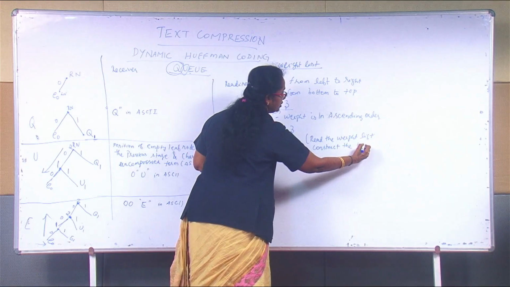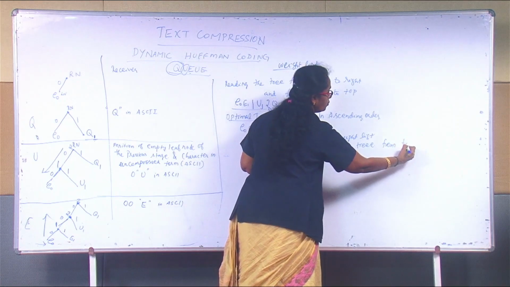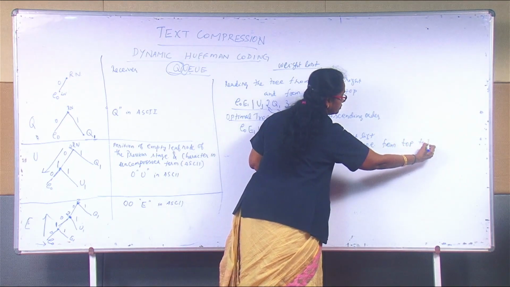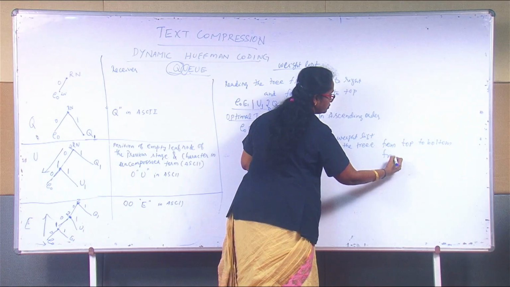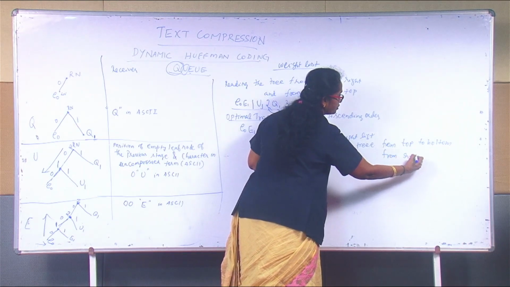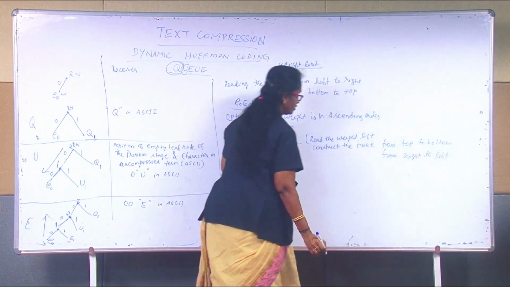Construct the tree from top to bottom and from right to left. It is just the reverse of our weight list construction.